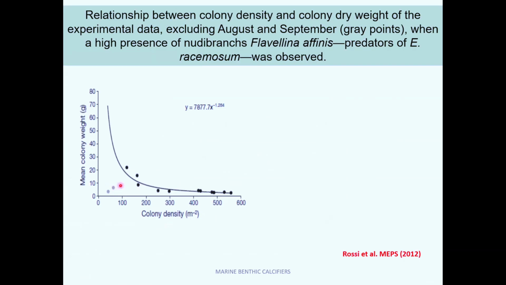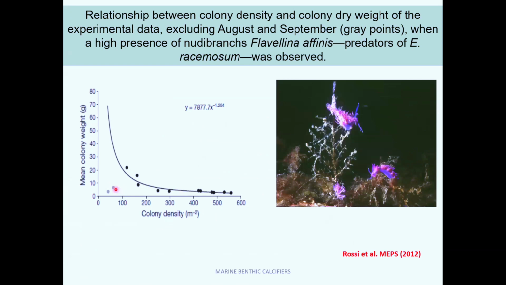This coincides basically with July and August, in which these little guys are coming and preying upon the hydrozoans, not only the polyps, but also the fertile polyps. So the gonozoids present in the hydrozoan, and they are just feeding on that. This nudibranch, Flabellina affinis, is taking advantage of this huge concentration of carbon.